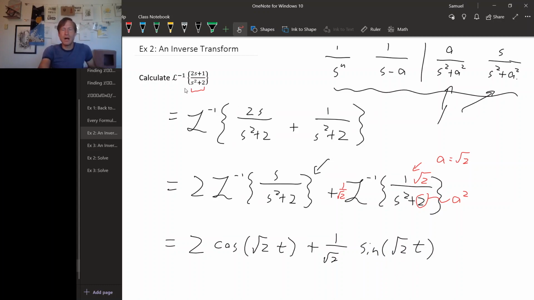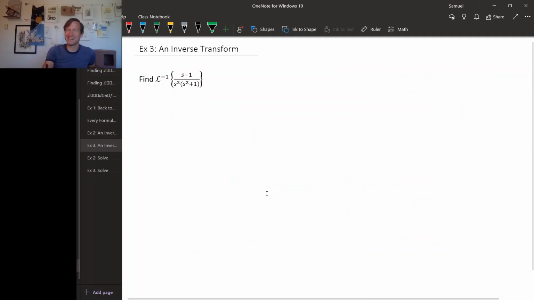Okay, so the general idea here is for this kind of rational function in your Laplace transform, where the denominator is an irreducible quadratic, you can always separate the numerator so that you can use just sines and cosines to find the inverse transform. All right, so let's look at a slightly more complicated example.